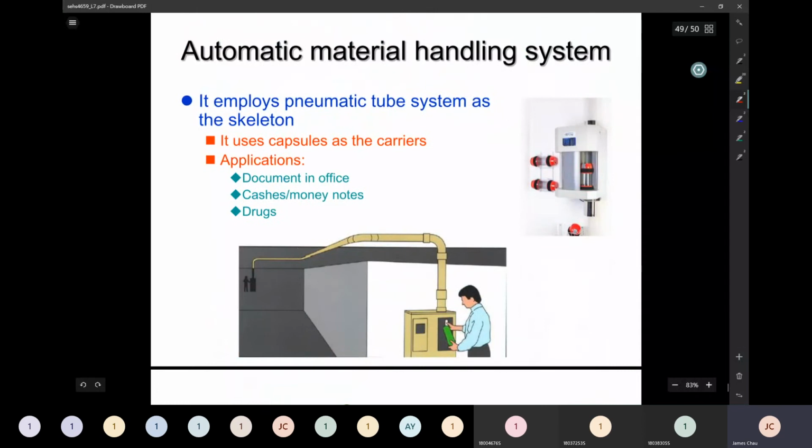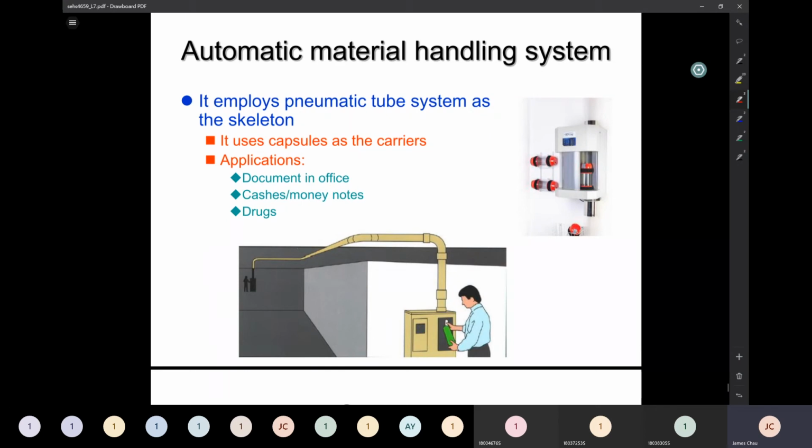Now, the second system looks like a vertical transportation system, but it is only for small goods. It is the material handling system, and normally it uses the pneumatic type. That means we use compressed air to transport the capsule.